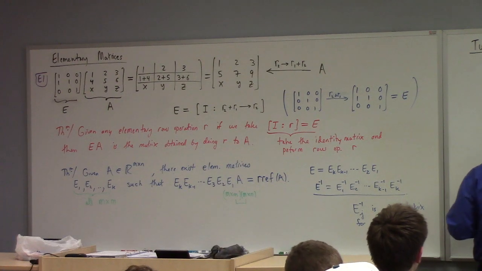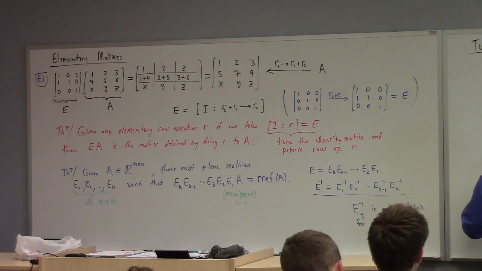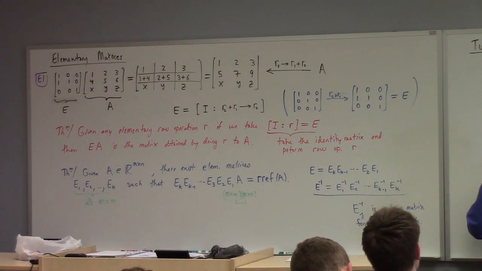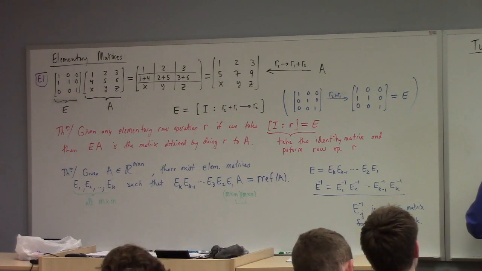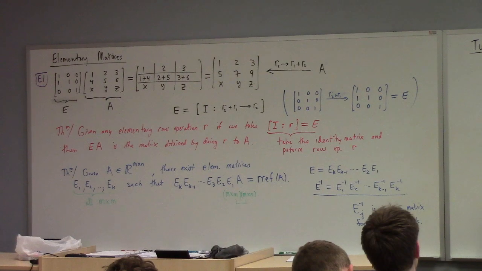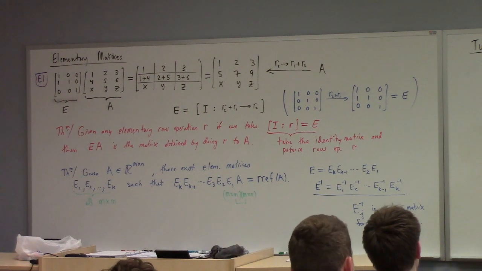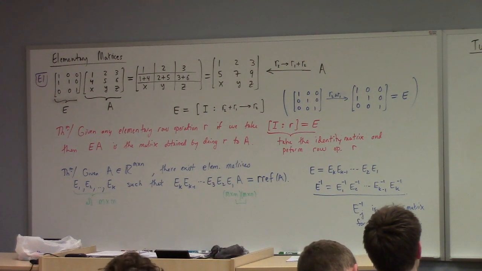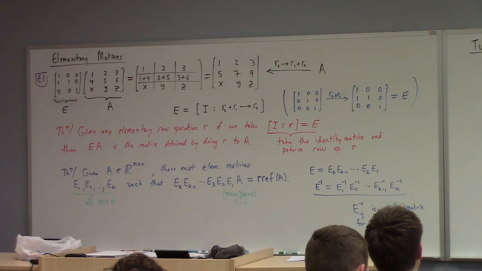So if we take the span of, let's say, V1, V2, let's say VK, this is equal to the set C1 V1 plus C2 V2 plus up to CK VK, such that CJ is in the reals for all j.